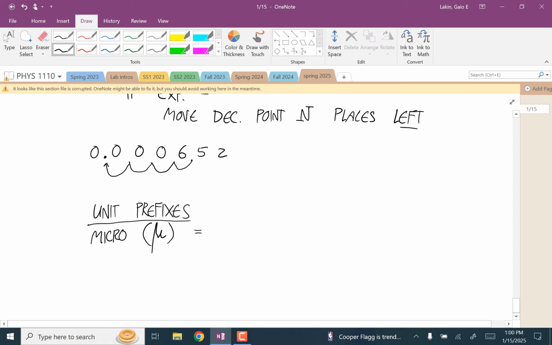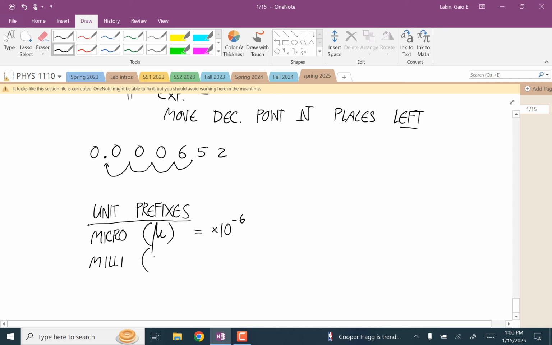That has the meaning 10 to the minus 6. Micro always means times something. So these prefixes always mean times something. So micro means times 10 to the minus 6. The next one is milli.